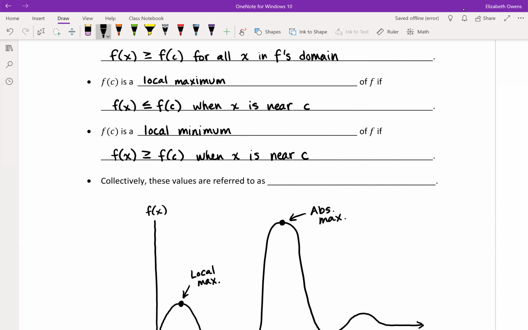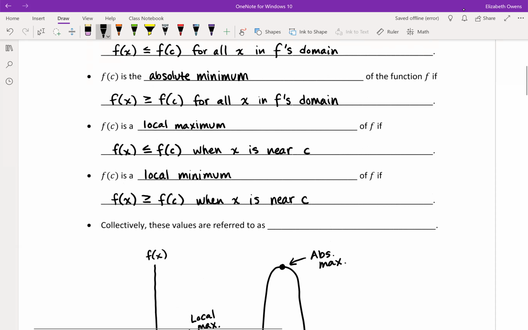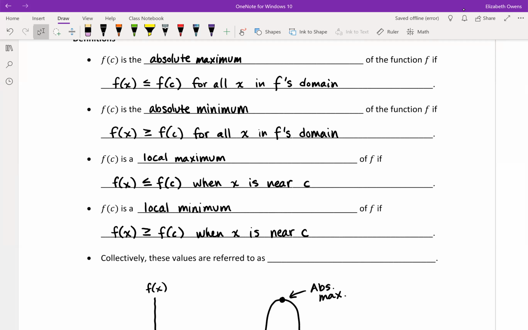All right. So you can kind of see some structure similarities here between the absolutes and the locals. If something is a maximum, we have this part in the definition: f of x is less than or equal to f of c, because to be a maximum value, f of c needs to be bigger than the things around it.